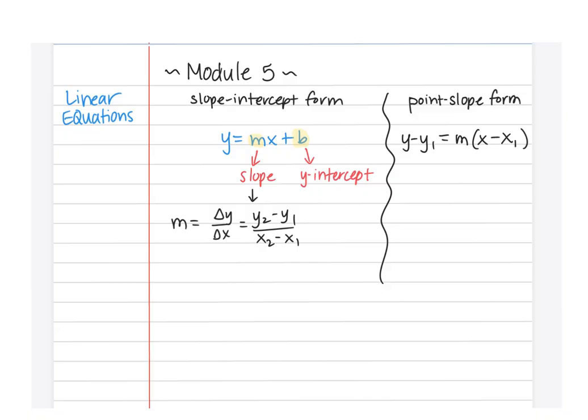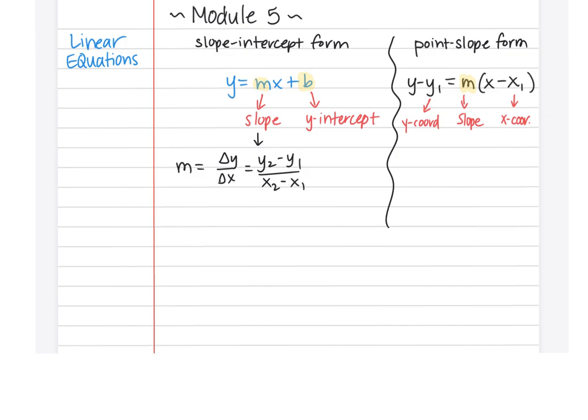Okay, and your note page doesn't have to look exactly like mine, but we're going to just put a couple notes. The m is still the slope. The y1 is a y-coordinate that you know, and the x1 is an x-coordinate that you know. Okay, make sure again that you have that down.